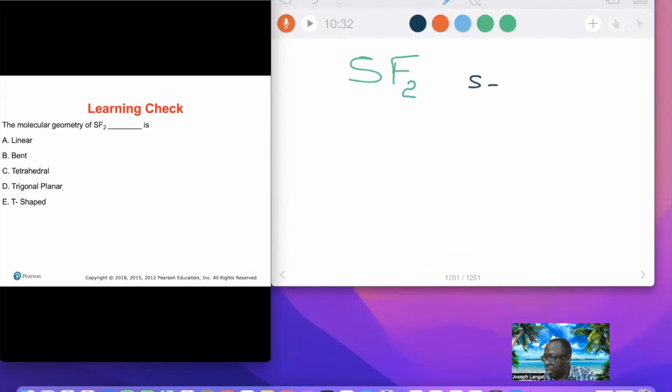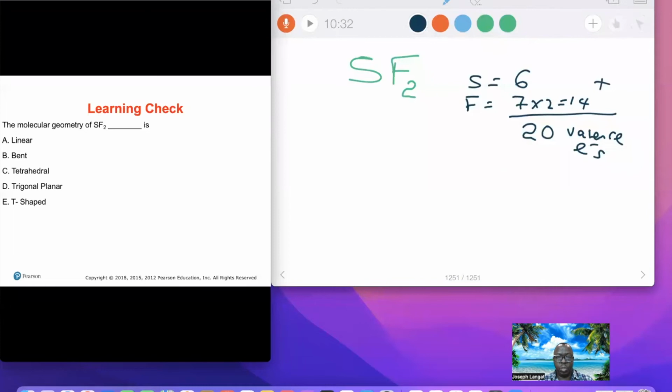Sulfur has 6 electrons, it's in group 6. Fluorine is in group 7, times 2 equals 14. If I add everything, this will be 20 valence electrons. So we need to know the total number of valence electrons.